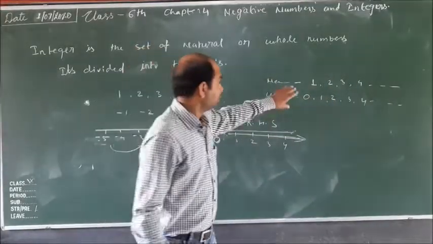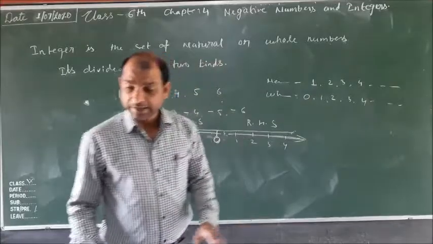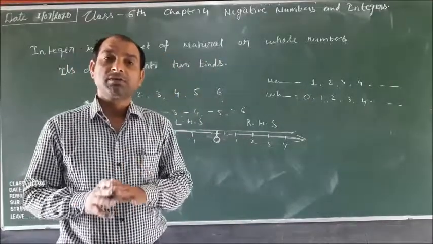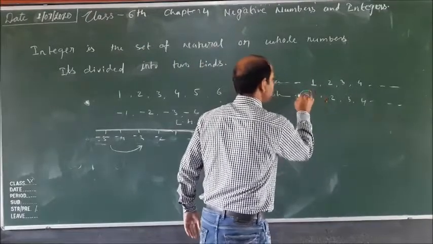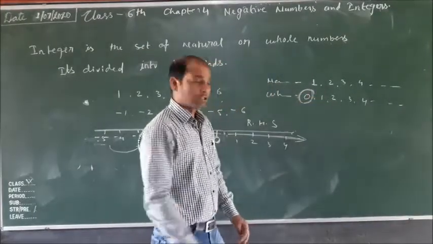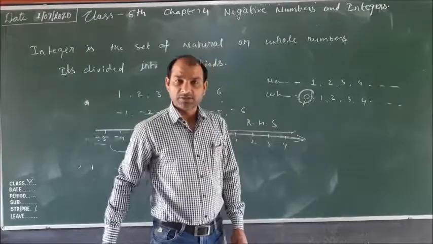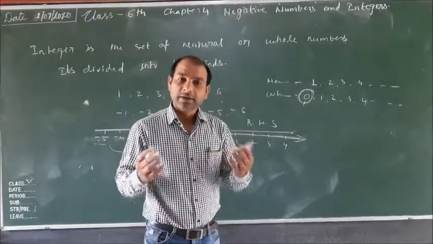So we cannot say all whole numbers are positive integers because 0 is included in the whole numbers. 0 is not a positive number and not a negative number.